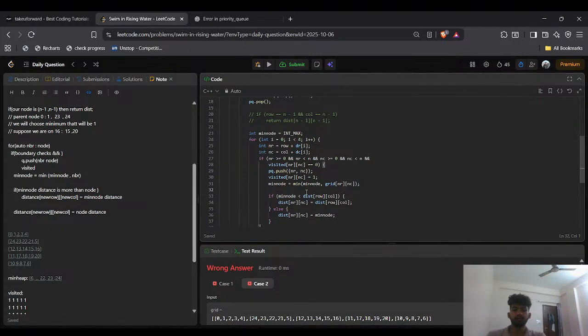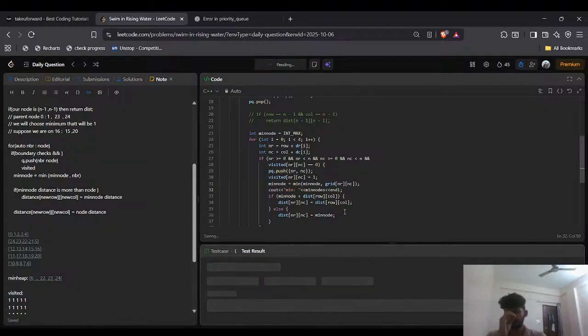Let's try to find the min node. Let's check our min nodes then. What is happening with our min nodes? And also we can do indel and line.